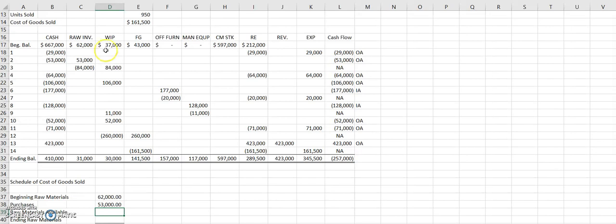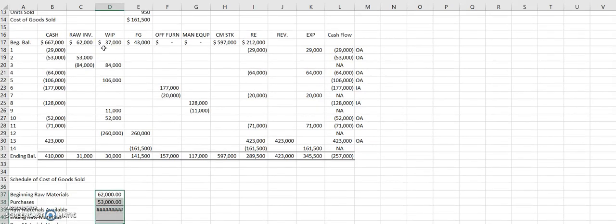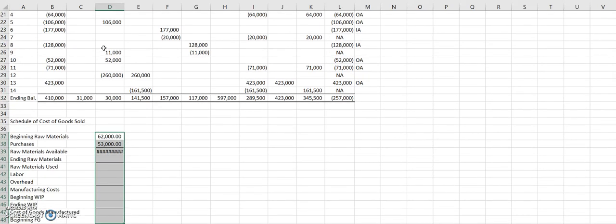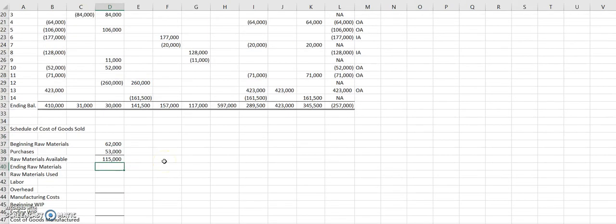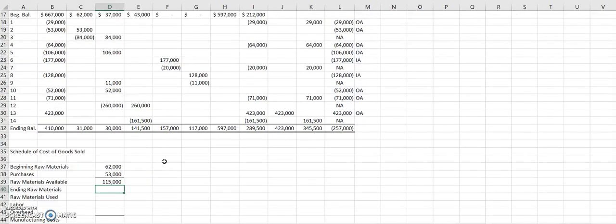The total materials that we had available is going to be the 62,000 plus the 53. So during this month or during this year, whatever we happen to be working on here, we had $115,000 worth of materials that we had available to us. What did we end the period with?